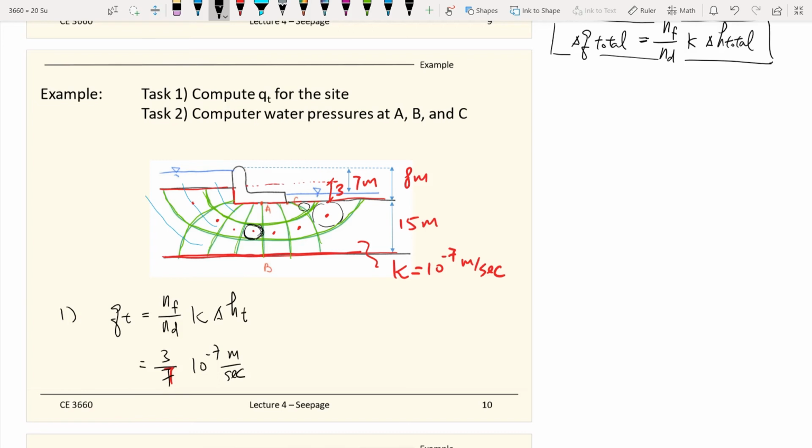Then times the total head drop across the site. The total head drop is defined by the difference between the upstream water table and the downstream water table, and the difference between them is 7 meters.